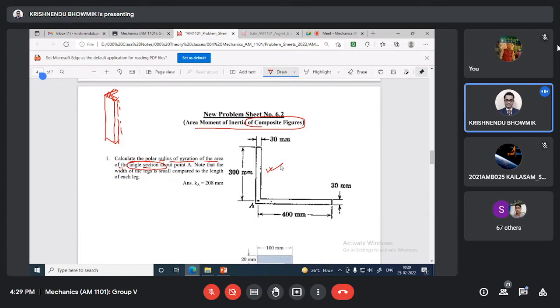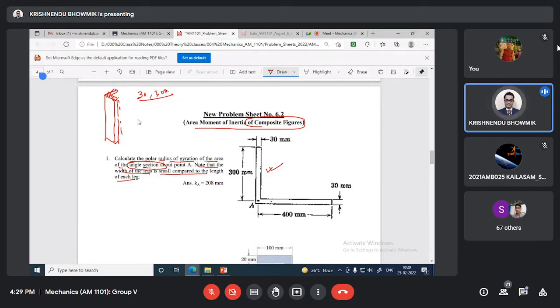Now we can note that the width of the legs is small compared with the length. The width is like 30, the other is 300. Ratio is 10, correct? And we are using 1/3 of base multiplied by height cube. So definitely the value which is lower will have less impact on the total value.